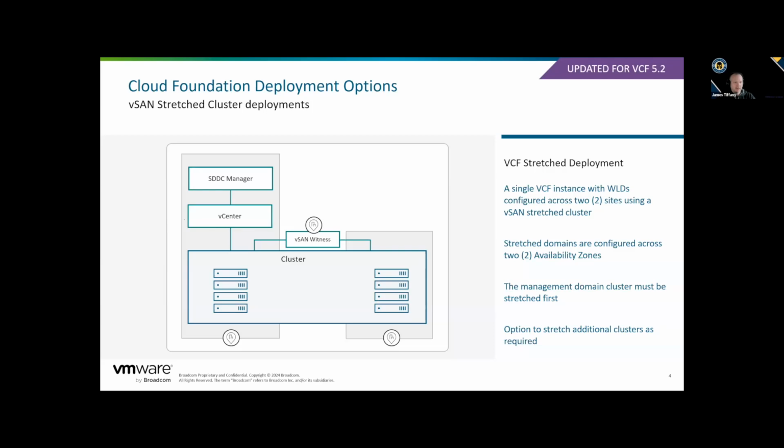And then as you drop down to the workload domain, depending on what primary storage and things like that you have, you could have a number of nodes, but it always needs to match in each site. So if you've got 4 in one site, you have to have 4 in the other. You can't have 4 in one and 2 in the other. It has to be matching on each side.